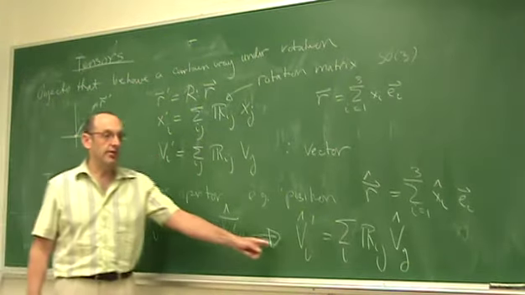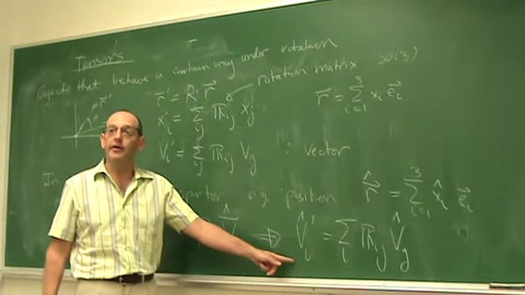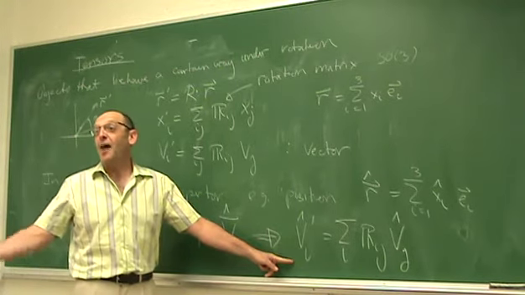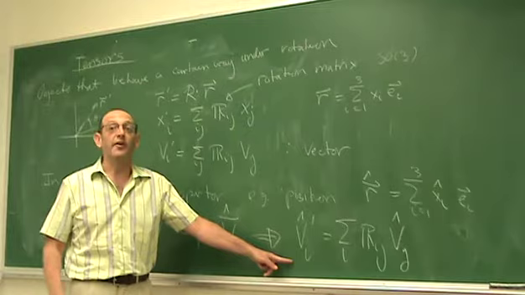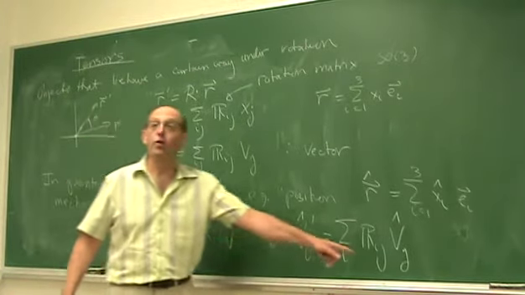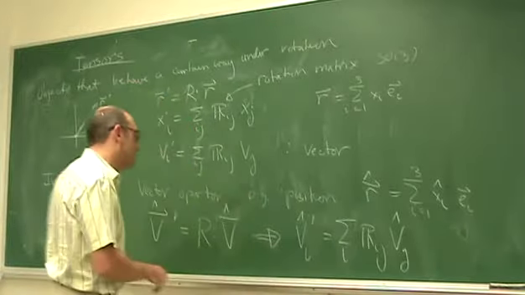So the three components of the vector operator, for example, x, y, and z operators for position or momentum, px, py, pz, would transform according to this kind of transformation.